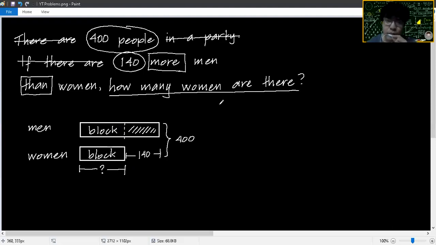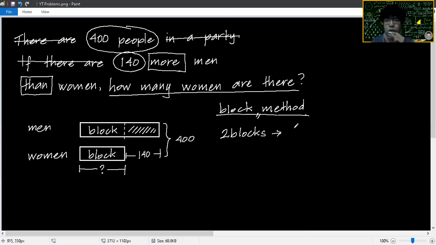We may use the block method. Suppose there are two blocks, and the value of two blocks is what? To make it two blocks, you have to extract the difference, the 140.